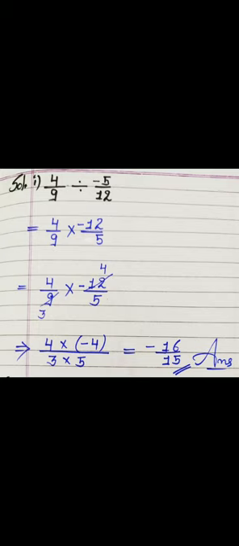The second one is, here we have to divide minus 8 by minus 7 upon 16. We can write minus 8 as minus 8 upon 1, and again this divide will convert into multiply, with the reciprocal of the second term, so it will become minus 16 upon 7.